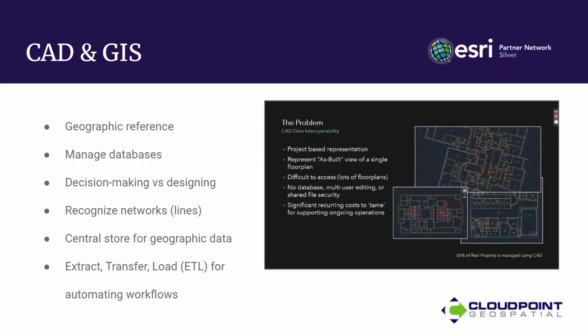GIS does enable you to manage databases as well. Also, as I mentioned, it's really a decision-making tool, whereas CAD is more specific for design. You can also, within a GIS, recognize networks. So what I mean by that is you can have a system of, let's say, pipe networks for your water pipes, and they can actually, for lack of a better description, talk to one another.